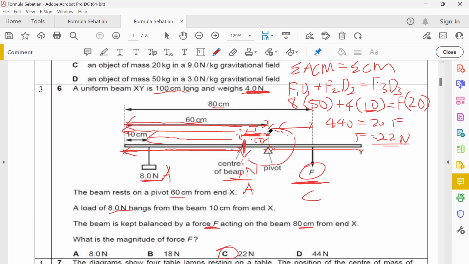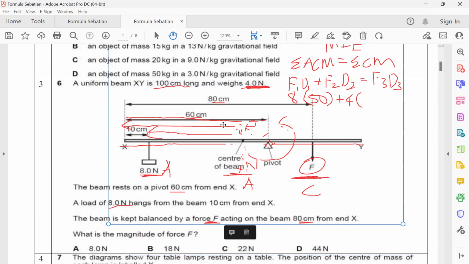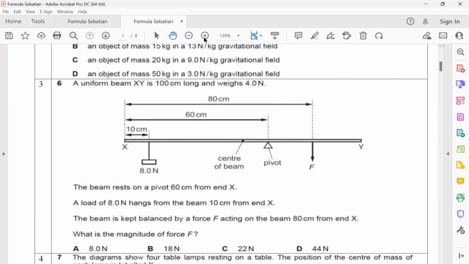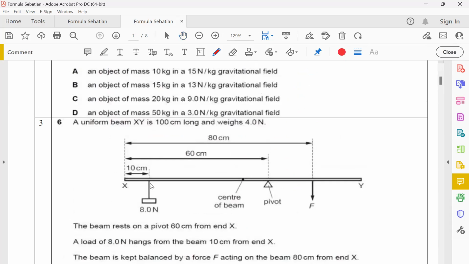Okay, I rub everything away. You see it? This is my F1. This is my D1, which is going to be 50. This is my F2, and this is my D2, which is going to be 10.